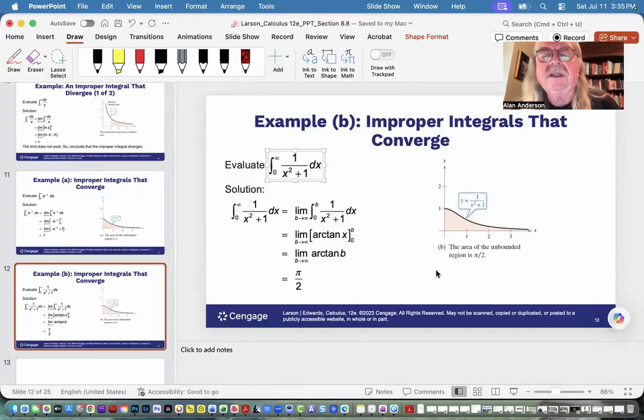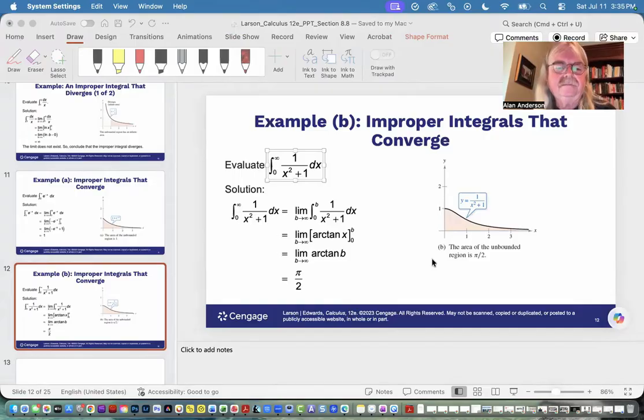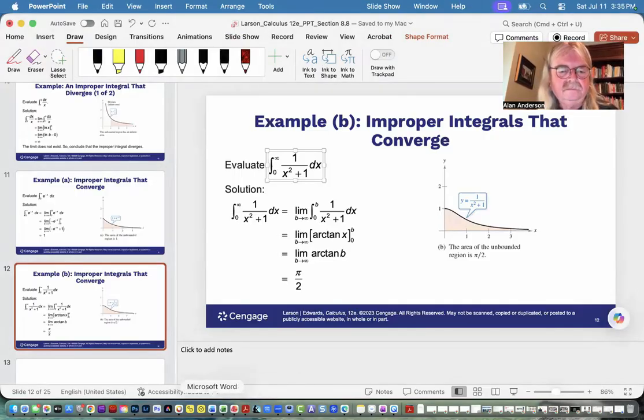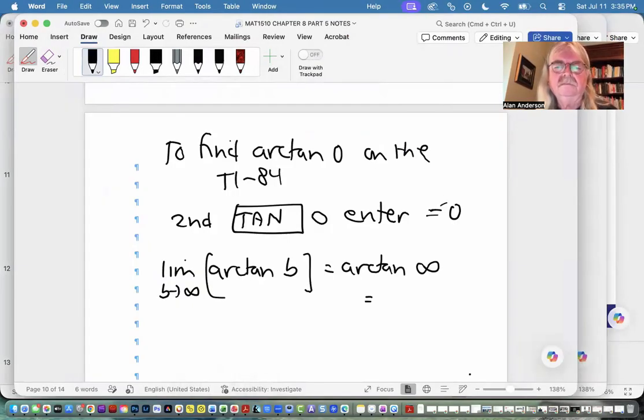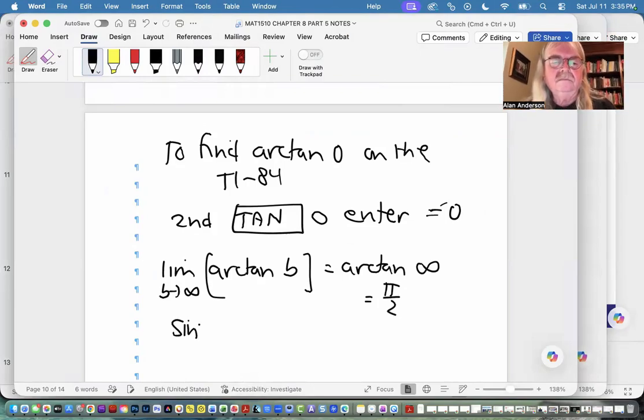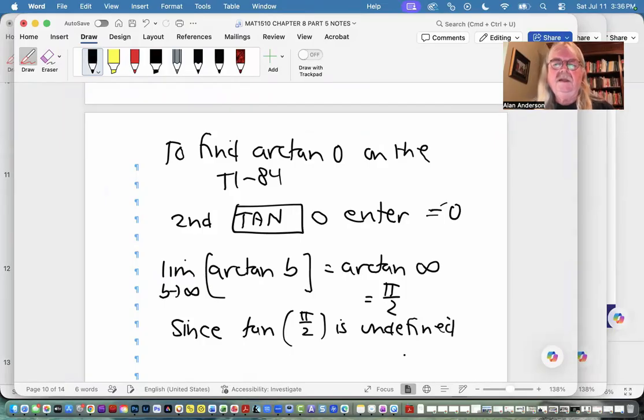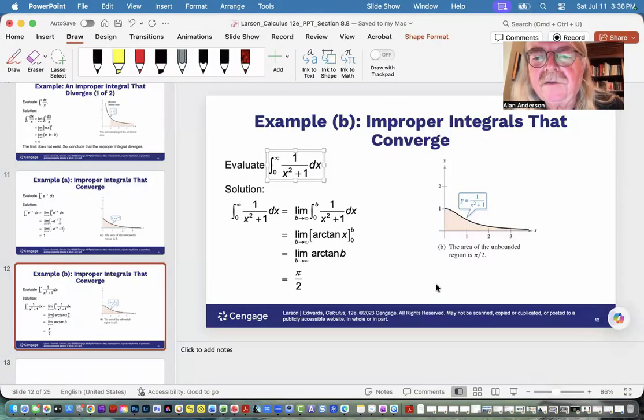Okay, that explains that. So in other words, the area under that curve is pi over 2.